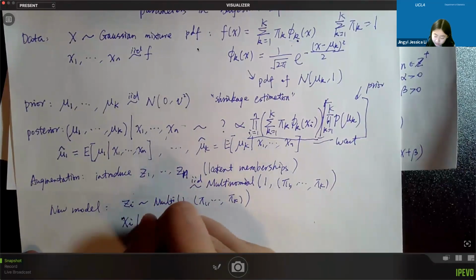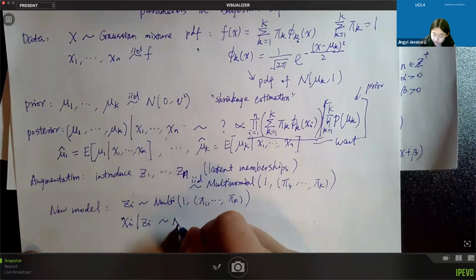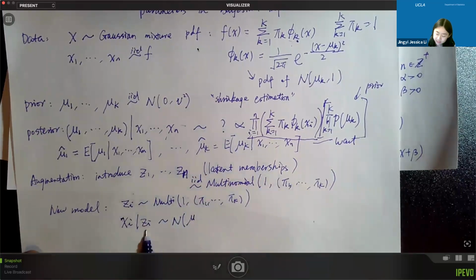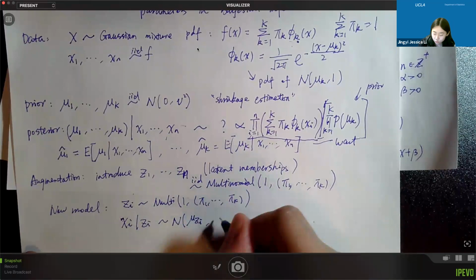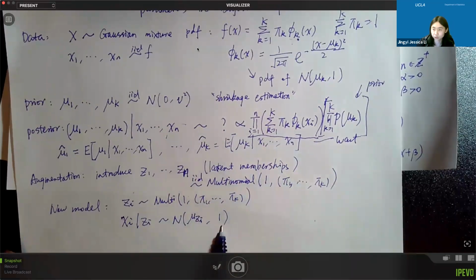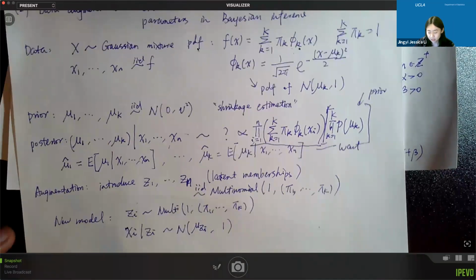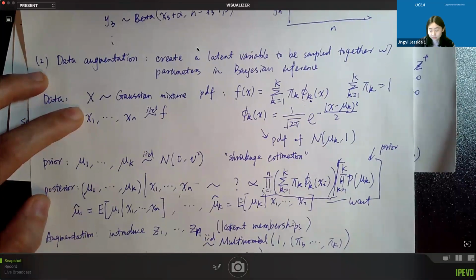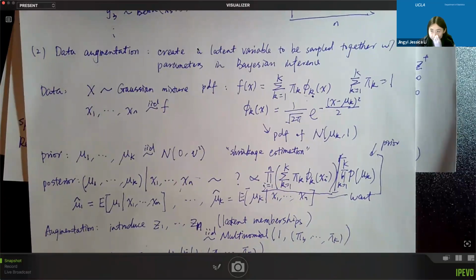Xi given Zi comes from the normal distribution with mean mu of Zi, because Zi is 1 to K. So given whatever Zi is, I draw from that distribution with that mean and standard deviation. That's the same. Drawing data this way is equivalent to drawing data from the Gaussian mixture model. And you see I introduce these latent variables which I don't observe.